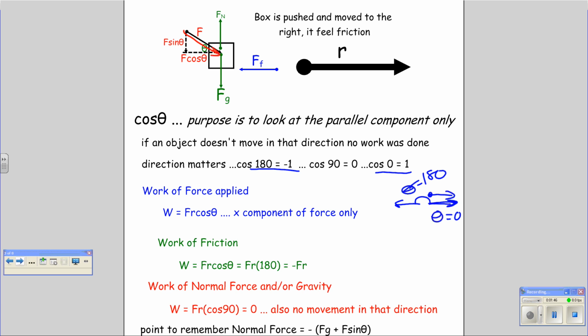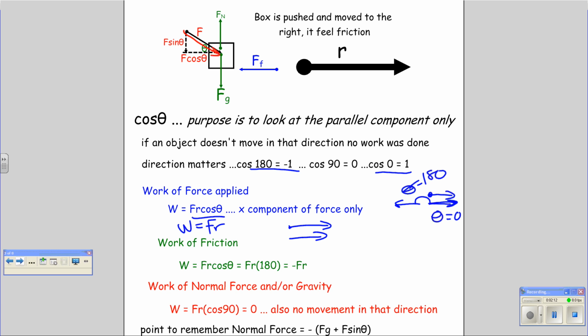So if you think about force applied, if you apply a force and it moves the object, then you're going to have work equals Fr, and you're going to take the parallel component. So if you apply a horizontal force and the box moves horizontally, then work equals F times r.